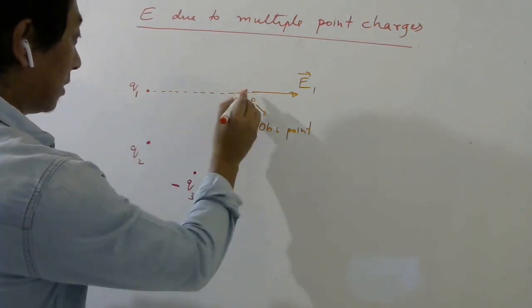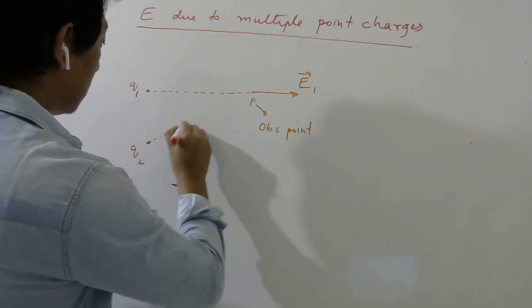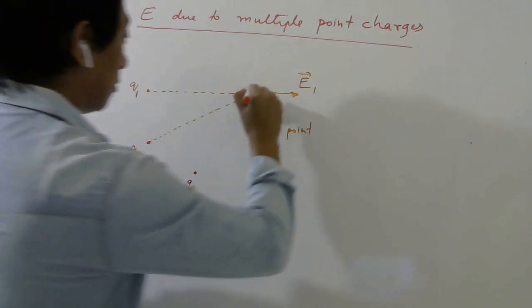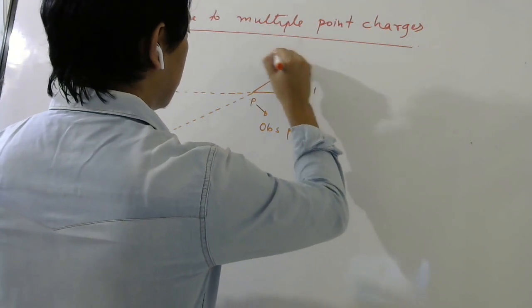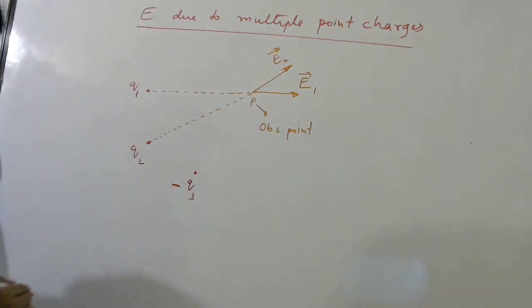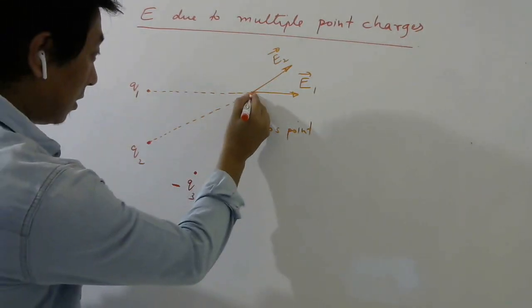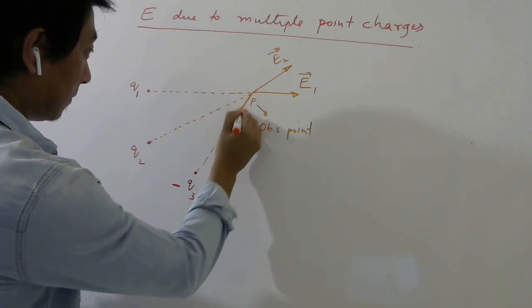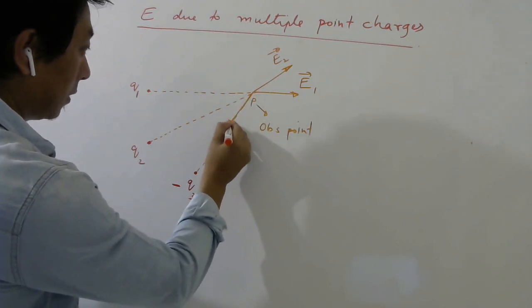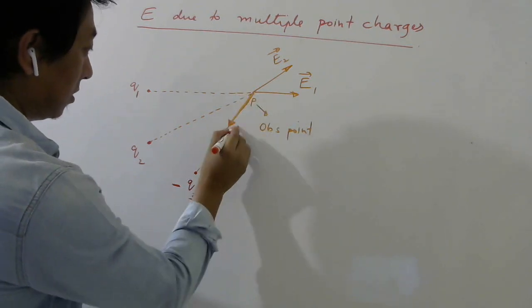And what about the electric field due to Q2? It will be positive, so it will be away, E2. Okay. And due to minus Q3, it will be towards. So this arrow, vectors are represented by arrows. So this is your E3.